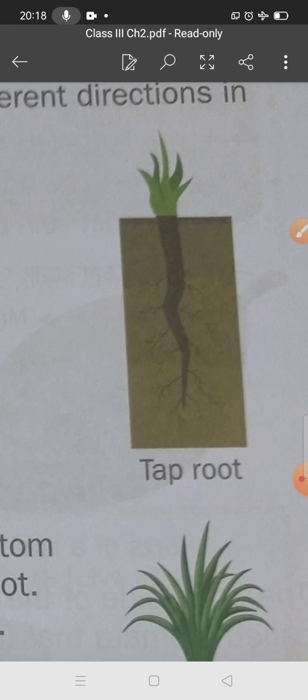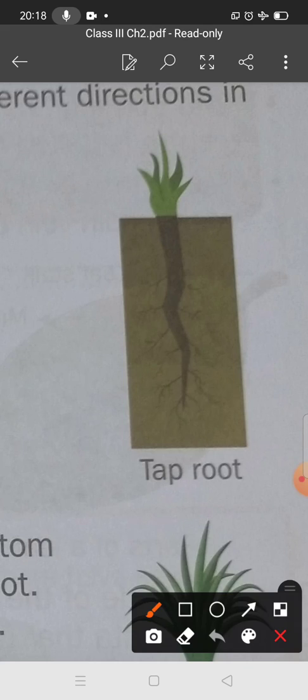In taproot, a main thick root grows from the end of the stem and many small side roots grow from the main root. You can see, I will show you here. In the main root, there is a main thick root. This is the stem.